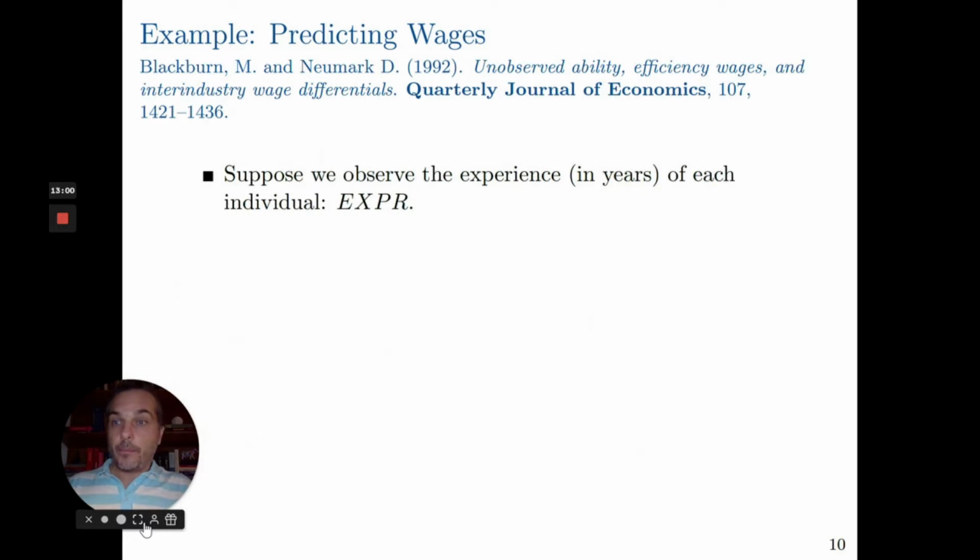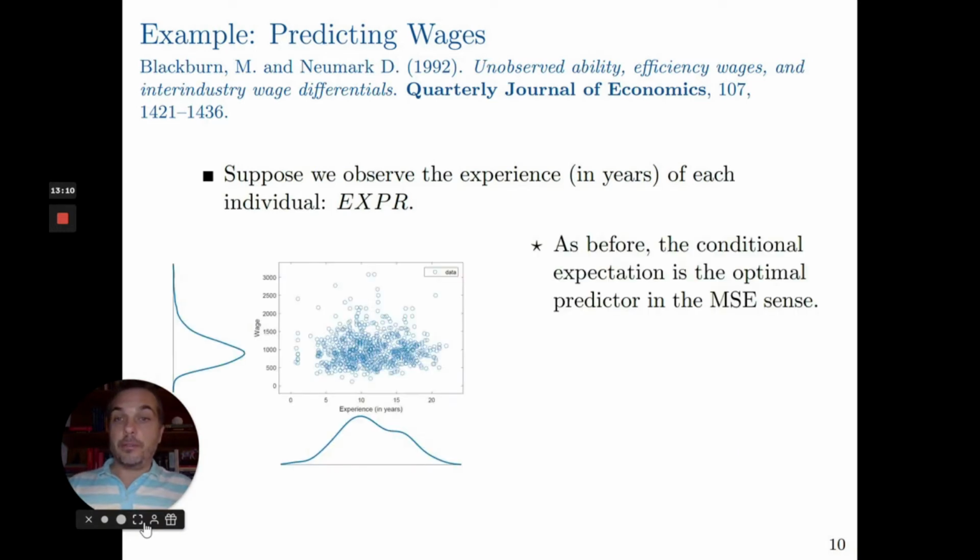Okay? Let's make it even more difficult. Now we are going to condition on experience in years, work experience. Now it's a continuous variable. So we do not have classes, it's continuous between 0 up to 20 plus. So we have a distribution here of experience, the distribution of wages.